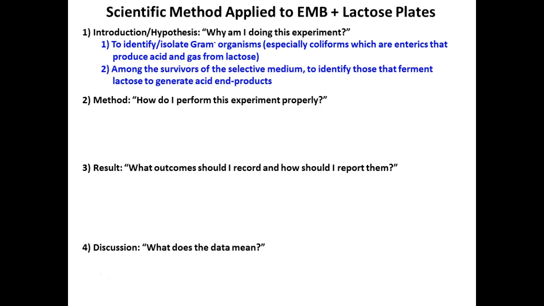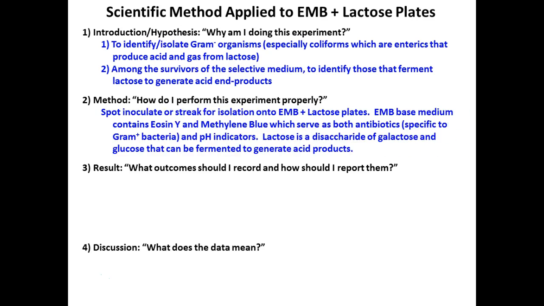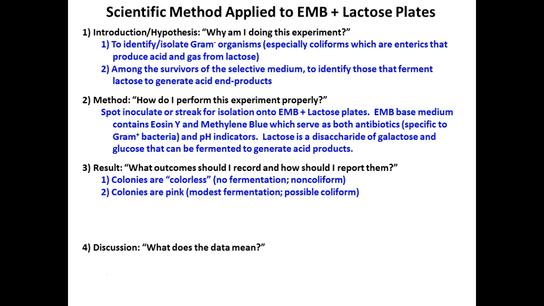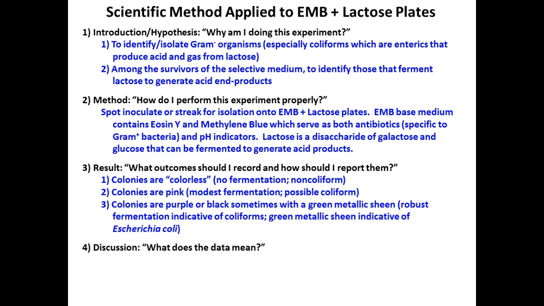Then we can ask, if it grows, is it fermenting the lactose? And the degree of fermentation is determined by the different colors that you see. Right? So we put bacteria on the plate. Colorless, no fermentation. Pink, modest level of fermentation. Purple or black or metallic green are really strong fermenters, right? Usually indicative of an organism like E. coli.